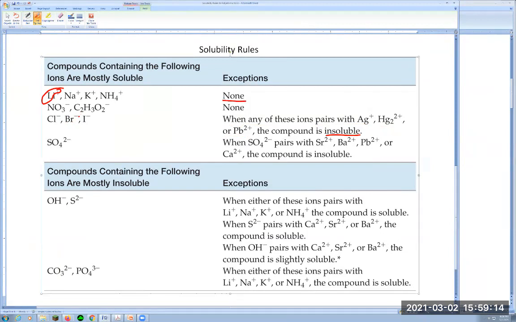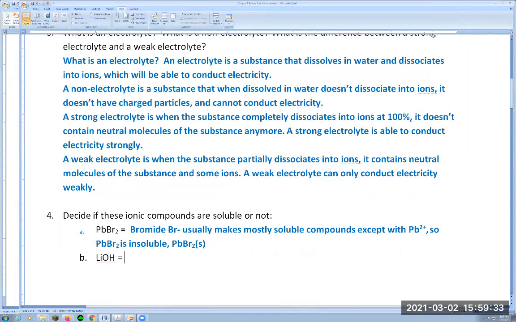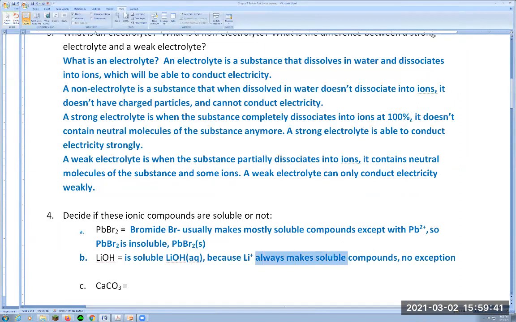That tells you that even though OH− is part of the mostly insoluble compounds, when it pairs with Li+, the compound is soluble. So that confirms this will be a soluble compound. So you will want to say here that LiOH, lithium hydroxide, is soluble, because Li always makes soluble compounds, no exception.